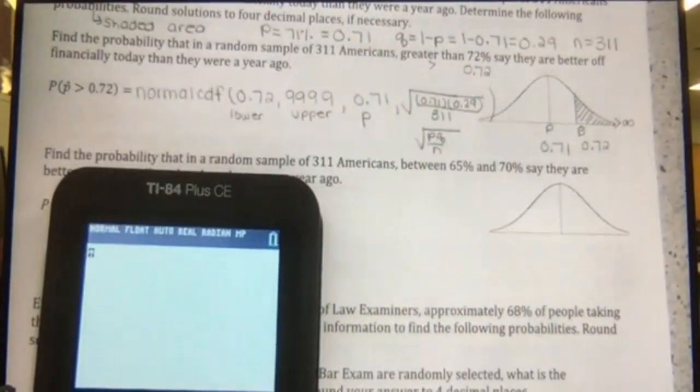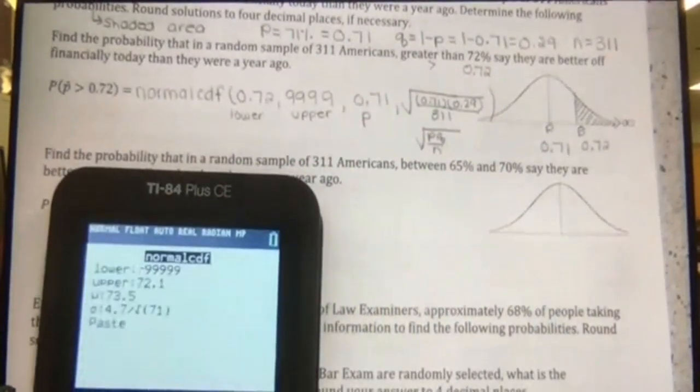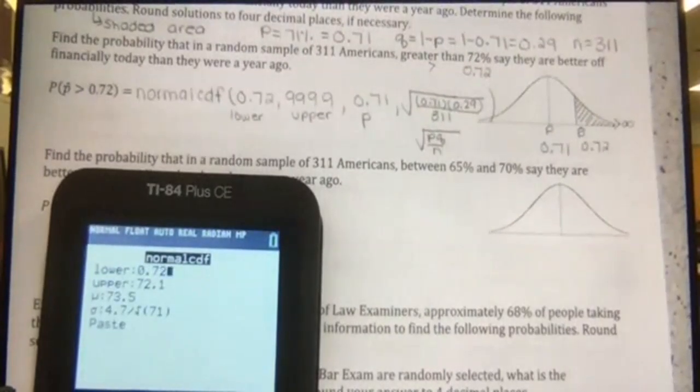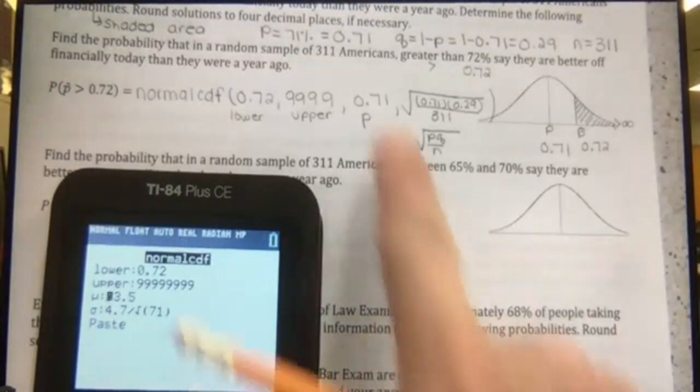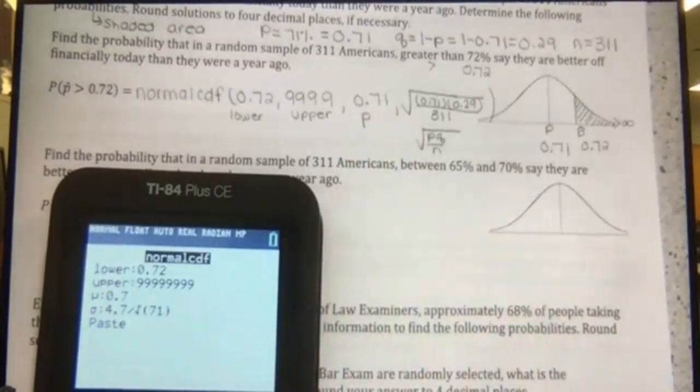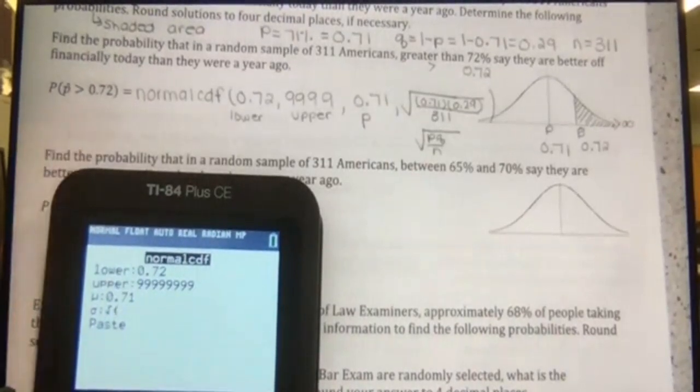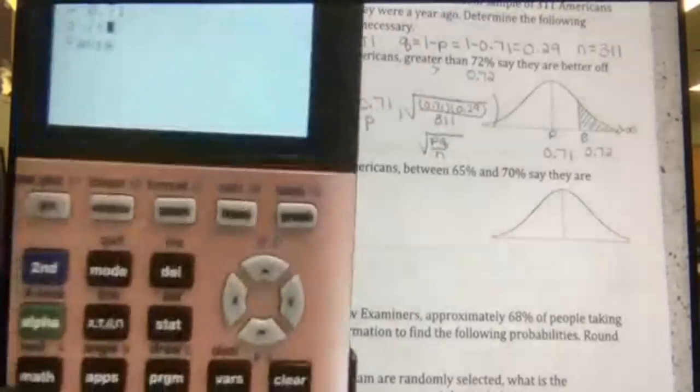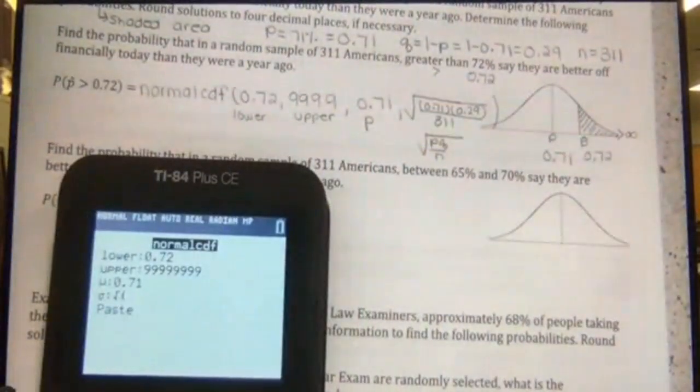So normal CDF, so second bars, normal CDF. Our lower limit's 0.72. Our upper limit's infinity, so 99999. Our mean, which is our p-value, is 0.71. Our standard deviation is the square root, so second x squared of p, which is 0.71, times q, which is 0.29, divided by n, which is 311.